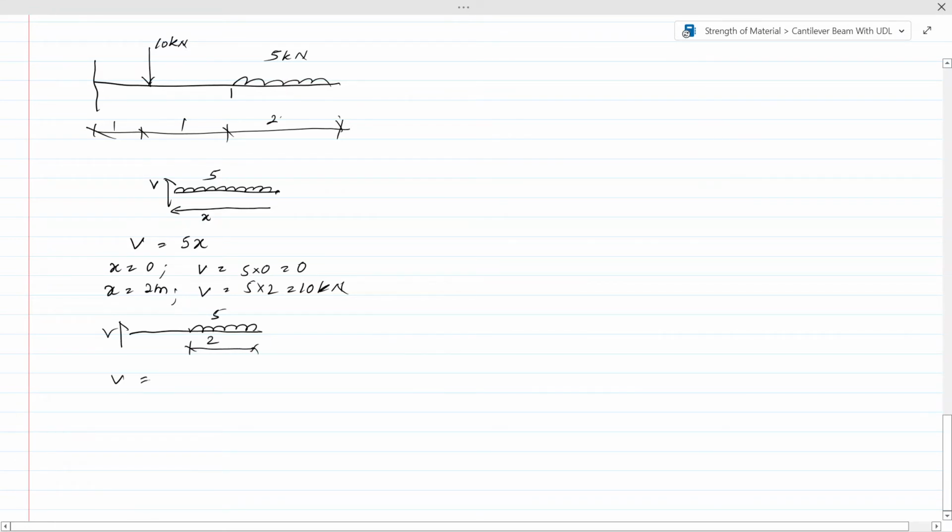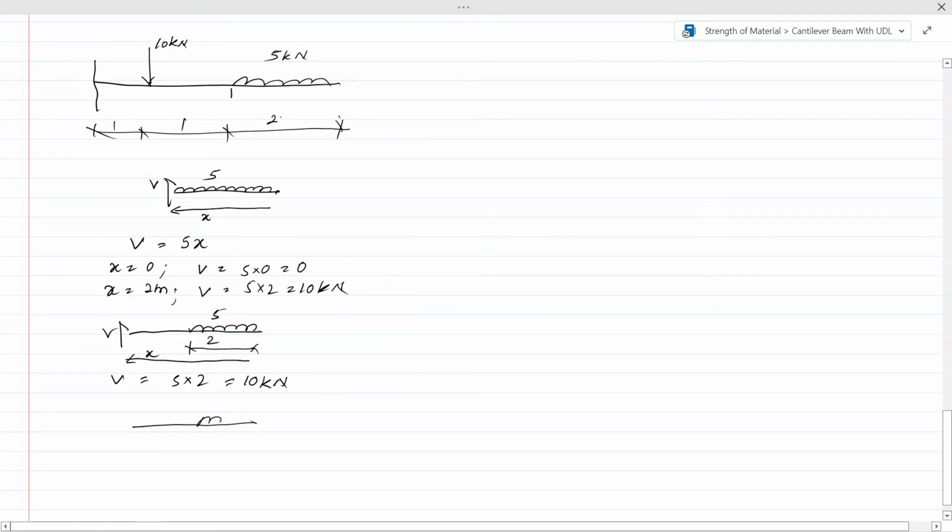From the equilibrium, V equals 5 into 2. So now, no variation there. Since this value is constant, there's no variation with the distance, right? Even though this distance varies, there is no variation.